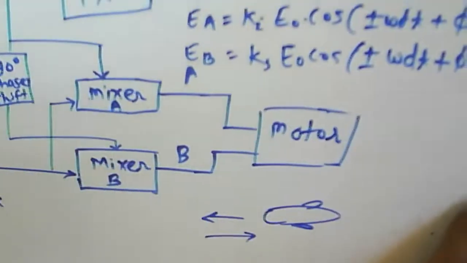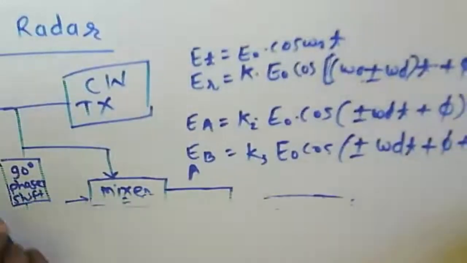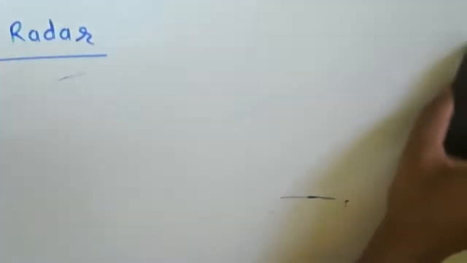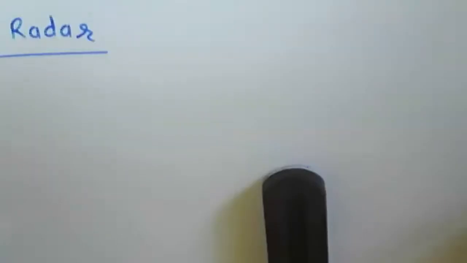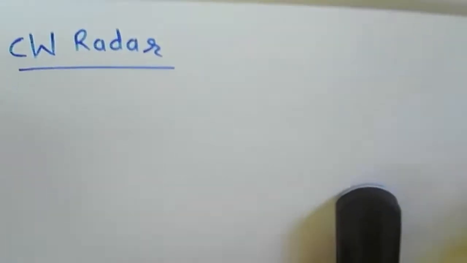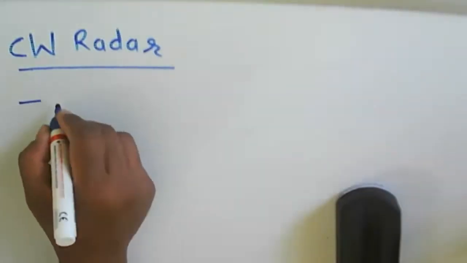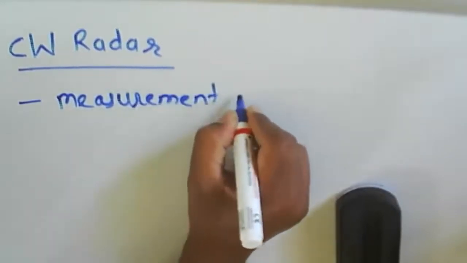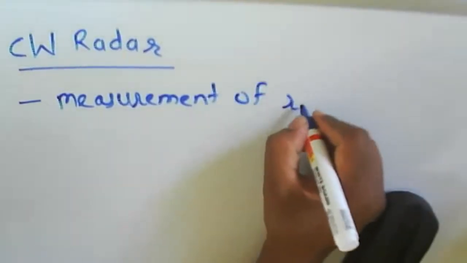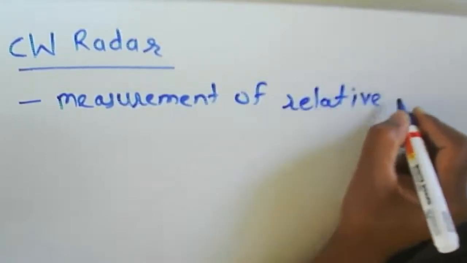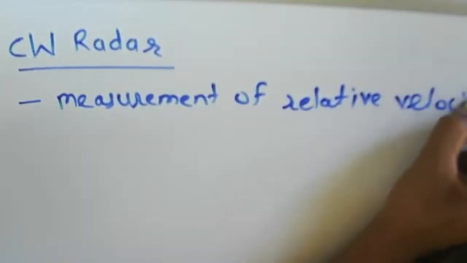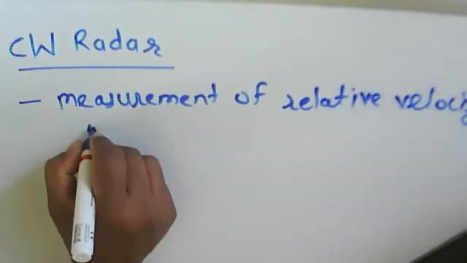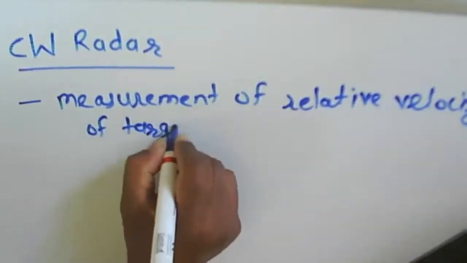Applications of the CW radar: we can consider it for the measurement of the relative velocity of a moving target.